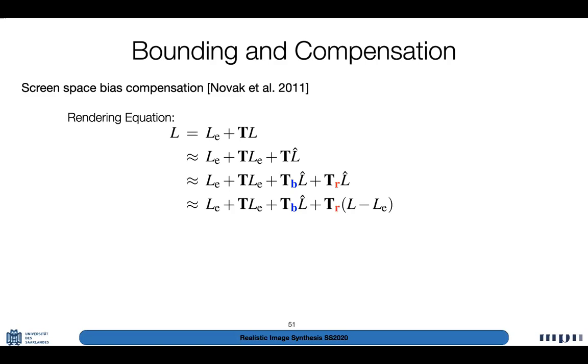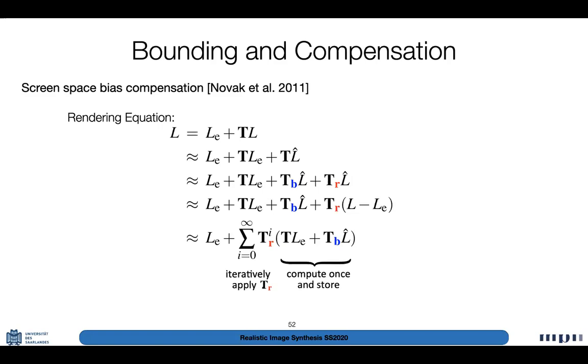The trick they used is to assume that the indirect illumination is not affected by the emittance term or the direct illumination term, which is what happens. So they replace the indirect illumination term in the residual transport by L minus LE.